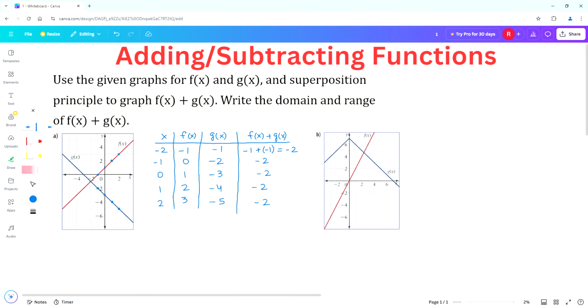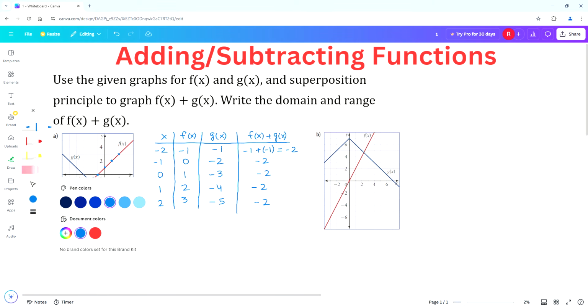So we have found the points that lie on f(x) + g(x) using the superposition principle. Now we can use these points to graph f(x) + g(x). For all x values, f(x) + g(x) is equal to -2. That means the graph of f(x) + g(x) is a straight horizontal line.